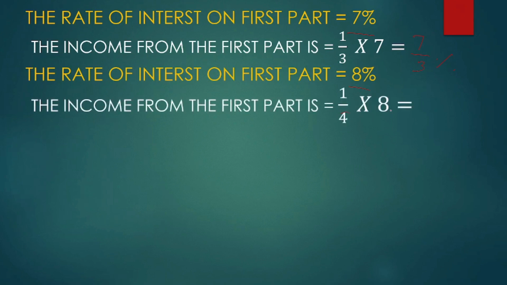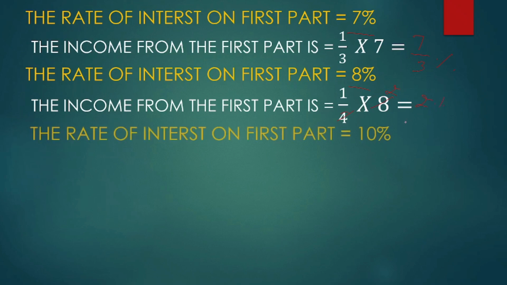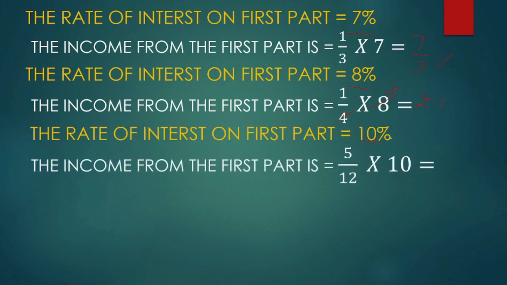So 1 by 4 into 8 is the annual percentage earned by the second part, which is 2%. For the third part, the rate is 10% and the part is 5 by 12. So the interest earned per annum is 5 into 10 by 12, which is 25 by 6.